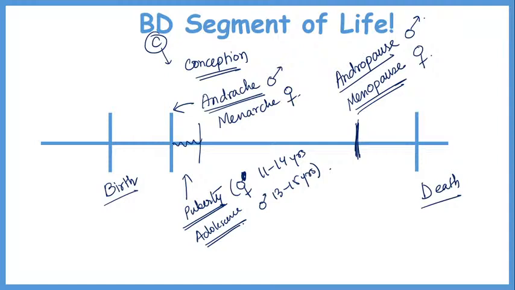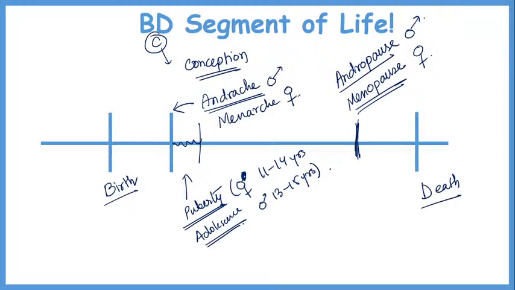Their potency decreases, so their ability to achieve and maintain an erection decreases. Their ability to produce enough volume of semen decreases. Their ability to produce enough sperms to be able to fertilize the egg decreases, and this occurs gradually over 10 to 15 years, and the boys lose their ability to reproduce. That idea is known as andropause, right?